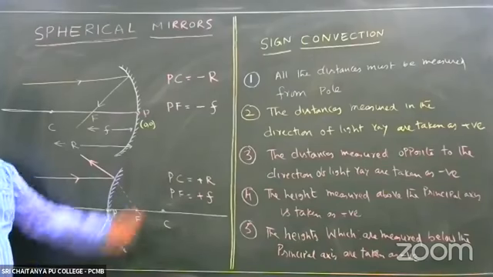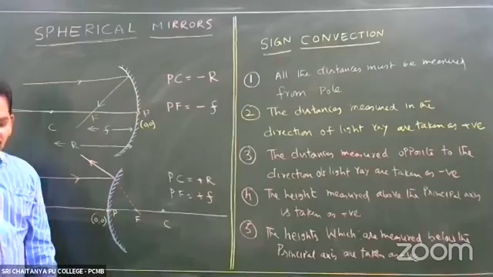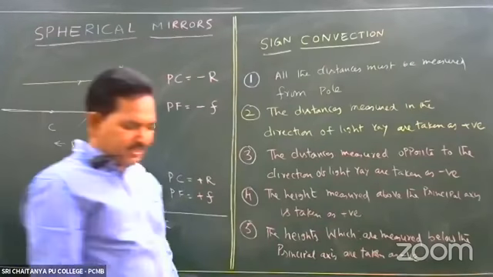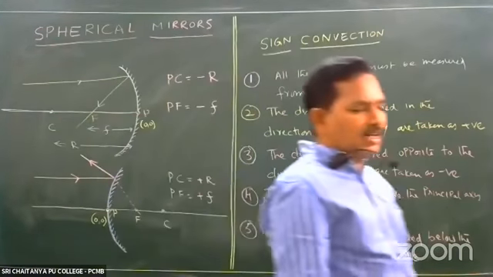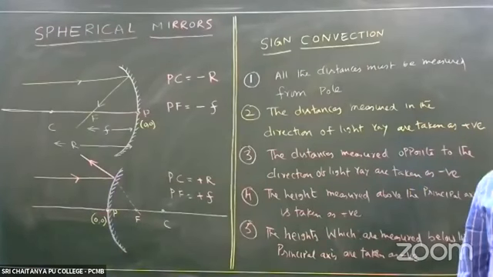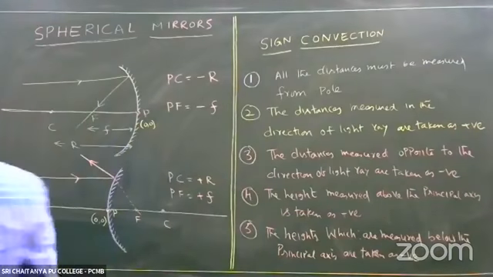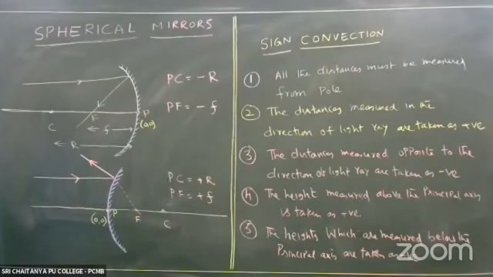If you learn the next topic, image formation, we'll get still more clarity about the object distance and the image distance. So these are the rules for the sign convention in the case of spherical mirror. Have the snapshot if you want. We will go to the next concept about the image formation by spherical mirrors.